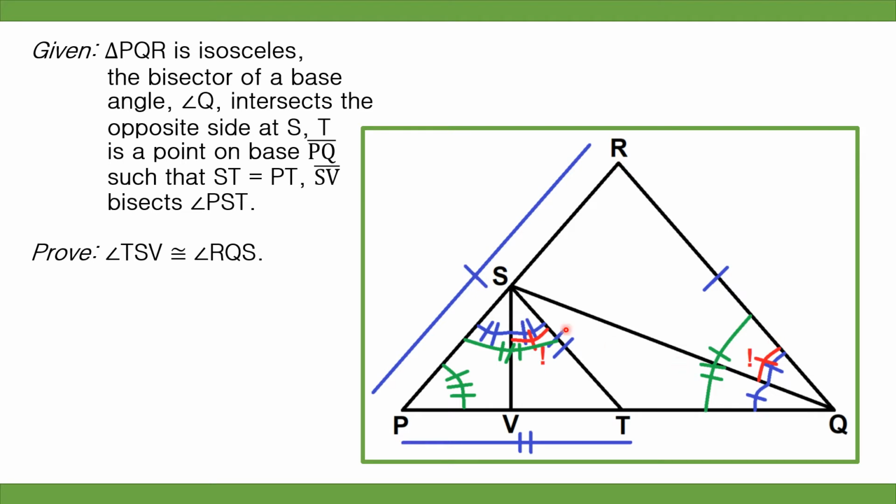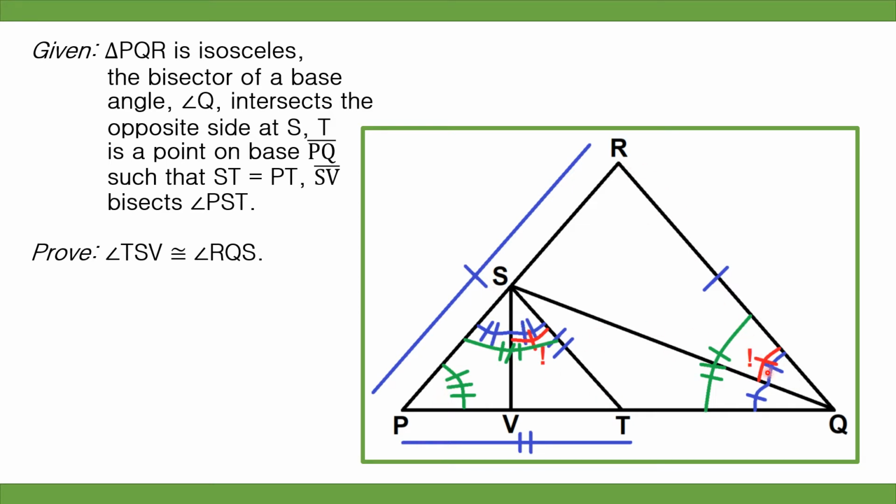Also, if you can remember, ST is equal to PT. And what is the consequence of that? Using the isosceles triangle theorem, we can say that SPT is equal to PST.